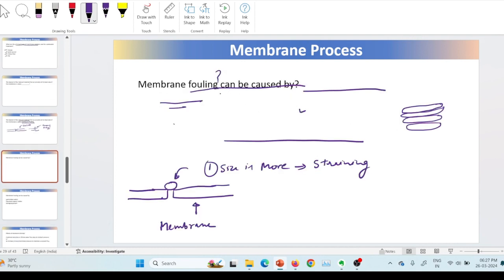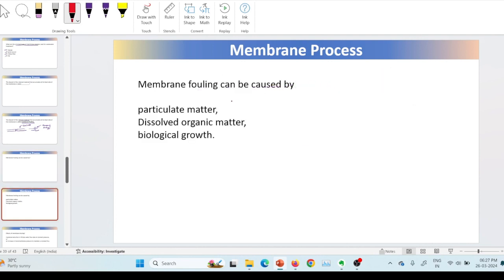Membrane fouling can be caused by what? What are the reasons for membrane fouling? One is particulate matter. Suppose this is the membrane; if particulate matter comes, it will clog the membrane like this.